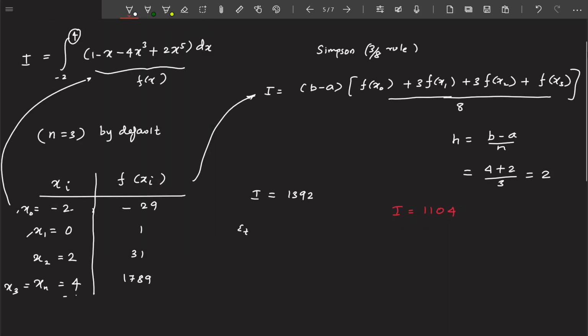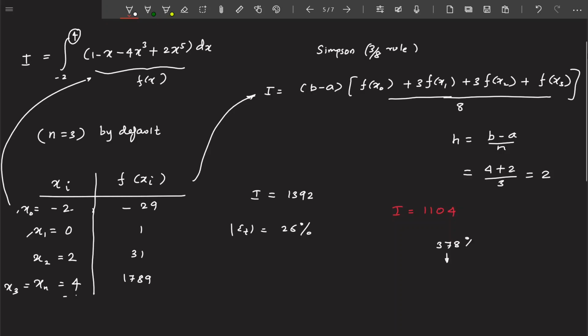So when you talk about percentage error, which comes out to be 26%. So you can see here how the percentage error has reduced. So for single application, the percentage error for trapezoidal rule was 378.